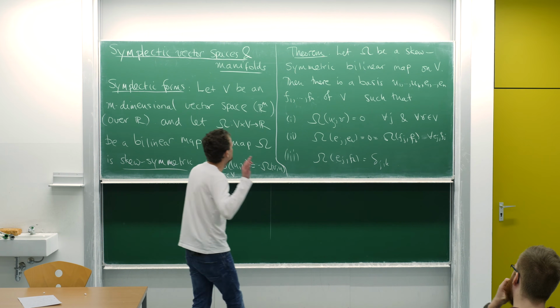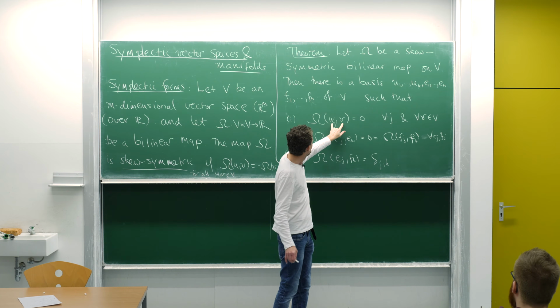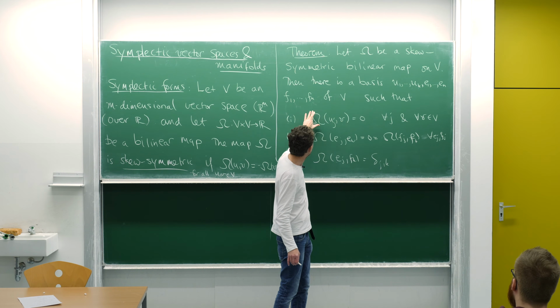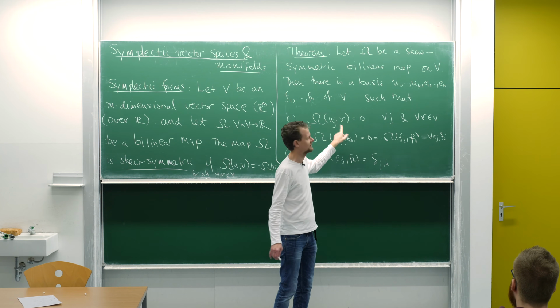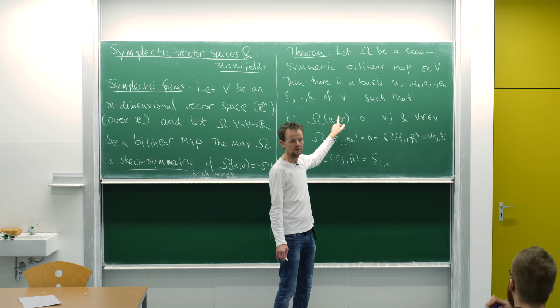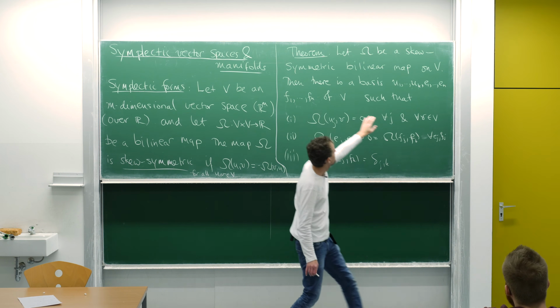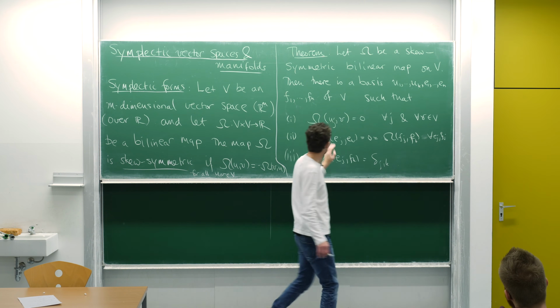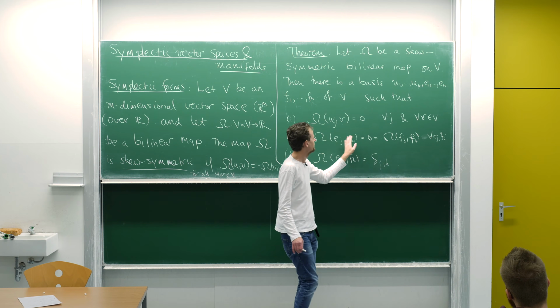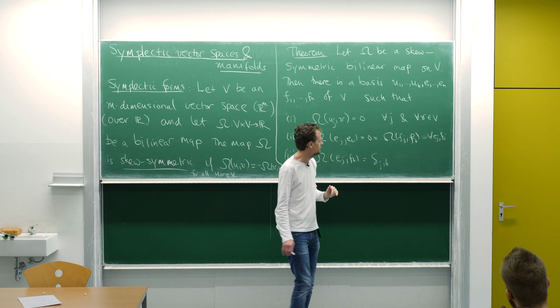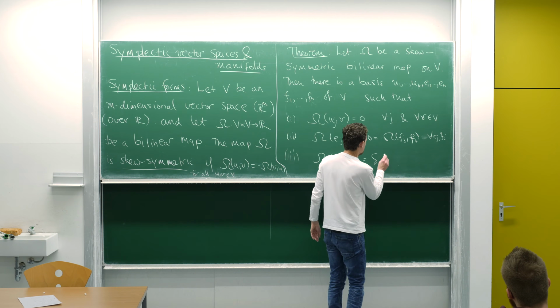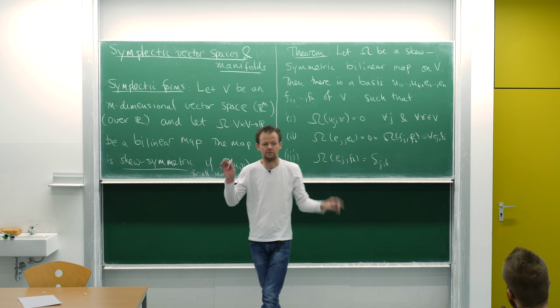They have a zero overlap with respect to this skew symmetric map with all the vectors in the vector space V. Then there's this list of E's and F's, and the E's have zero overlap with each other according to this omega, but the E's and the F's do have an overlap. They're kind of orthogonal.